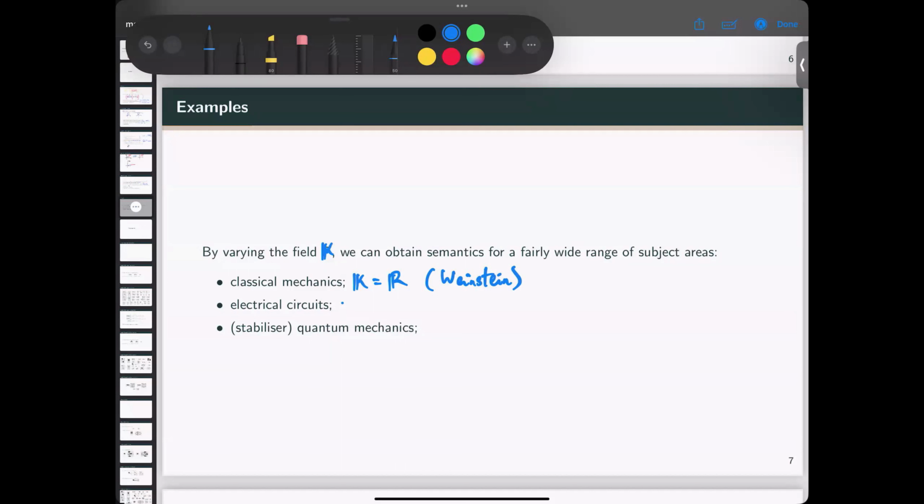Using a different semantics, if you take K to be the field of Laurent polynomials over a variable S, then you can interpret a large part of electrical circuits.